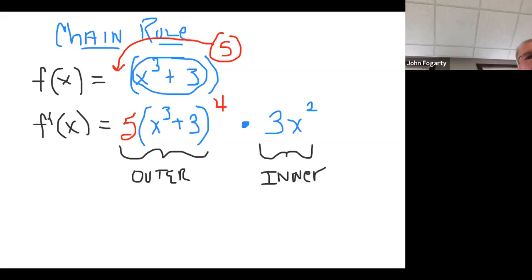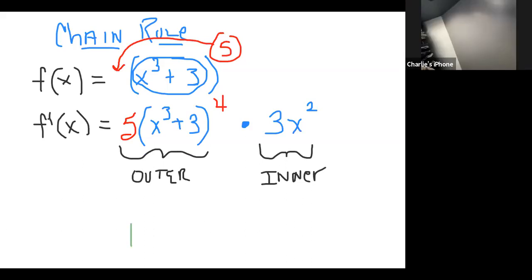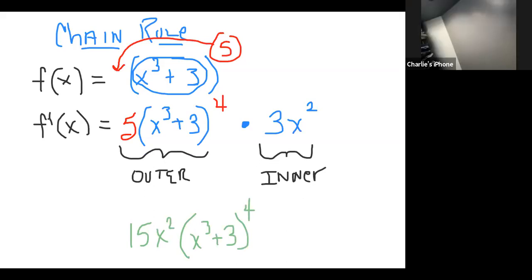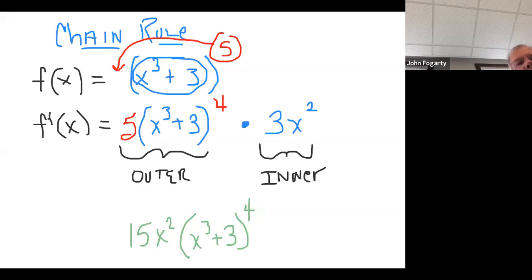And now all you gotta do is multiply them together. Well, what's 3 times 5? 15. 15 x squared times x cubed plus 3 to the 4th. All righty? Does that make a little bit of sense? Yes, sir. All right, let's try another one.